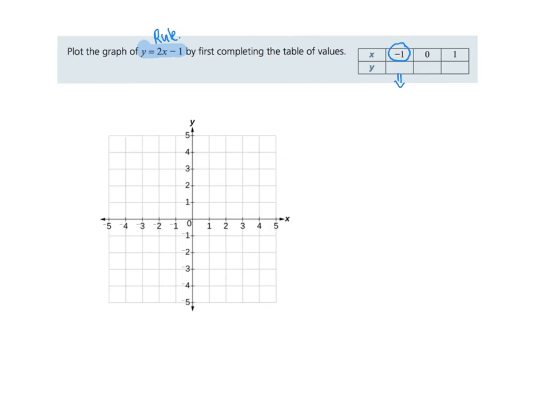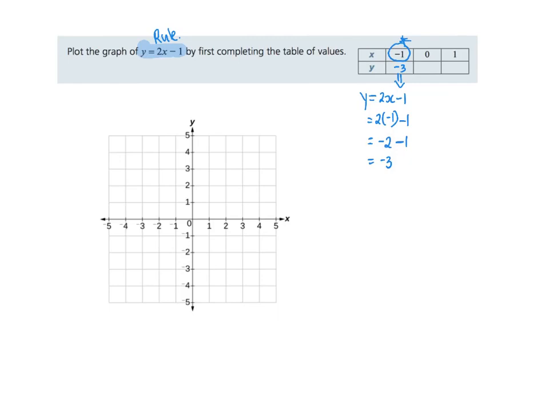The rule is y equals 2x minus 1. So everywhere I put x, I'll put a -1 because that's what the table's saying for me to do. And then write the rule. So what's 2 times -1? That'd be -2. And then you minus another one, which would be -3. So that's what goes in there.